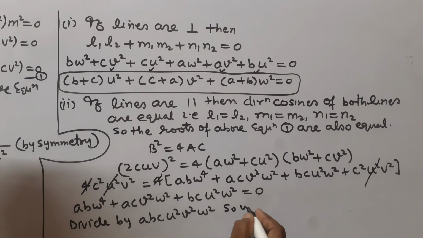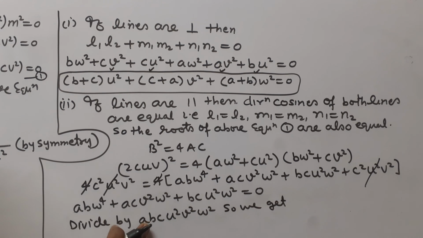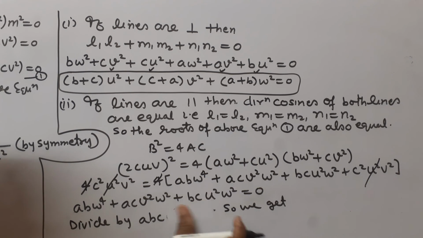When we divide the first term by abc u square v square w square, we get w square upon c.